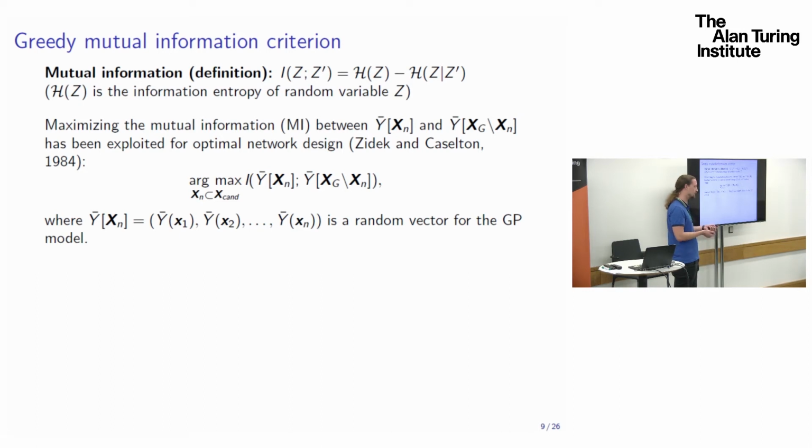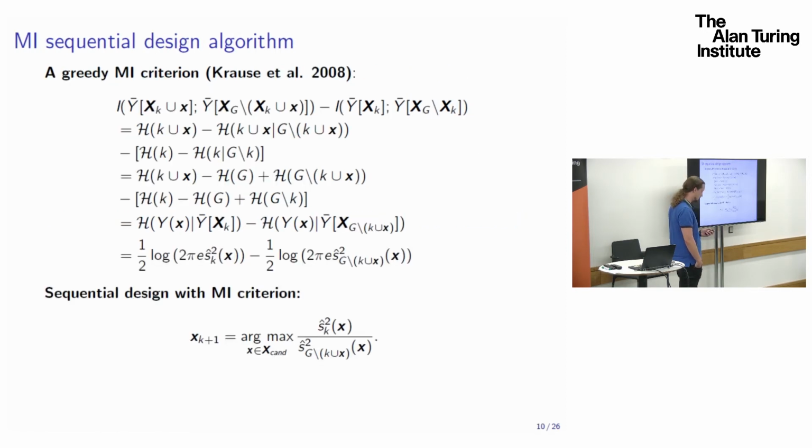So it's basically 2 random variables, and you want to be able to say that the design that I have, or the Gaussian process that I built on my design, should tell me a lot about basically the remaining part of the space. So this is the derivation that they did, which is that you do it in a greedy way, where you're just looking at the mutual information with this extra point and without.